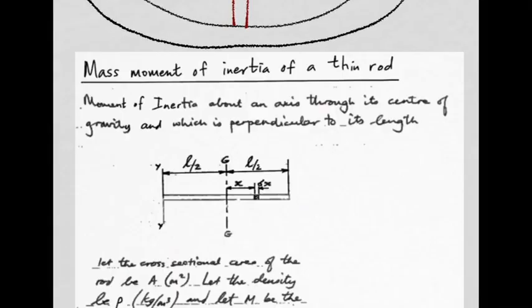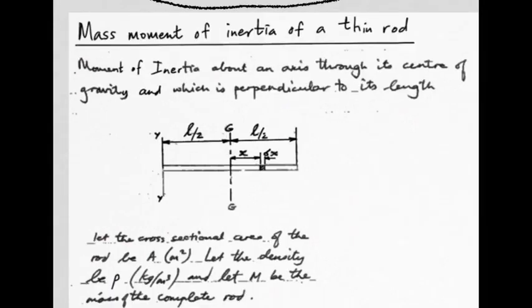Let's consider each spoke as a thin or slender rod. And let's start by working out the mass moment of inertia about an axis passing through the center of gravity. That's here. Once again, let's break up the object into thin slices. Del x would be the thickness of that slice, and we'll make each slice distance x from the axis in question.